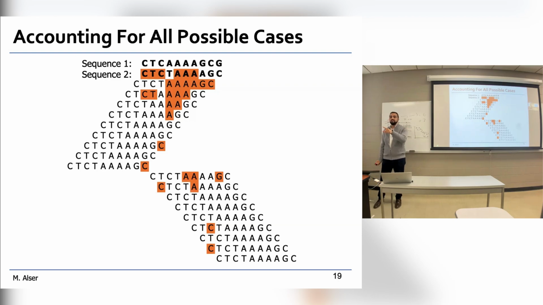Now, coming back to a comment, he was mentioning, what if we shift to the left or shift to the right? Should we consider left or right? If you do the opposite between sequence 1 and 2, and you shift sequence 1 instead of shifting sequence 2, then the one shifted to the left will become shifted to the right, and the one shifted to the right will become shifted to the left.